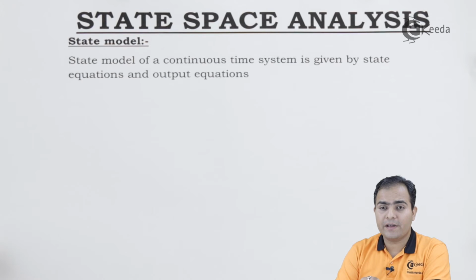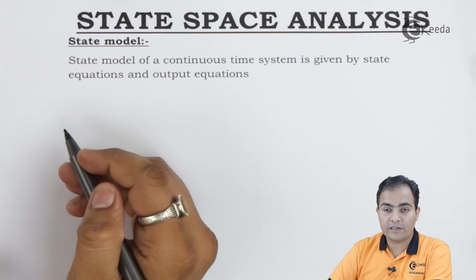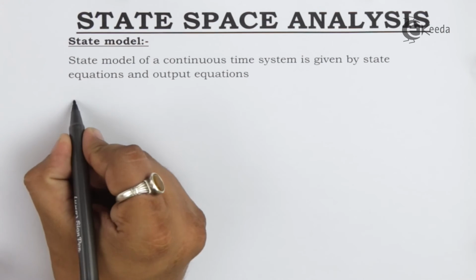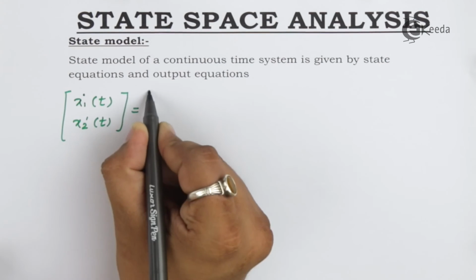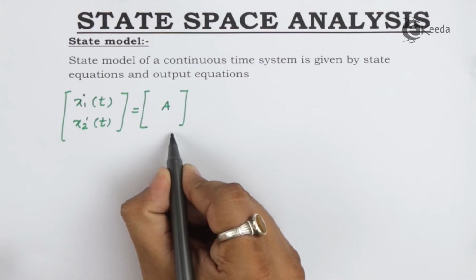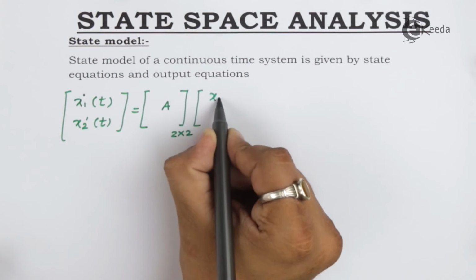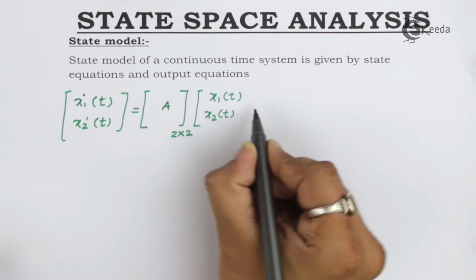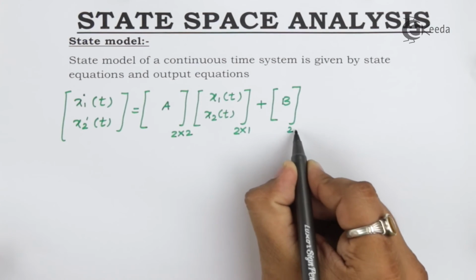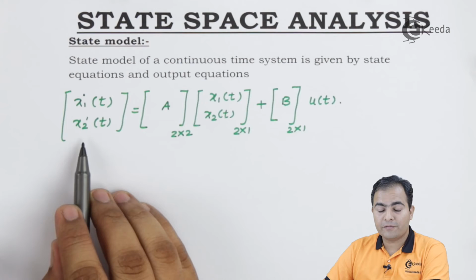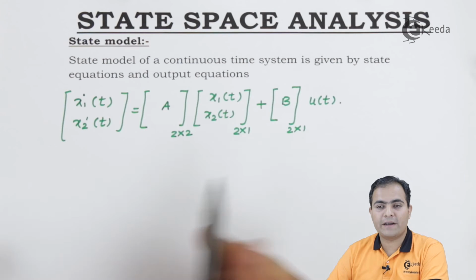Suppose we have 2 variables in our state model, then my state equation will be, we have got the equation but in matrix form.